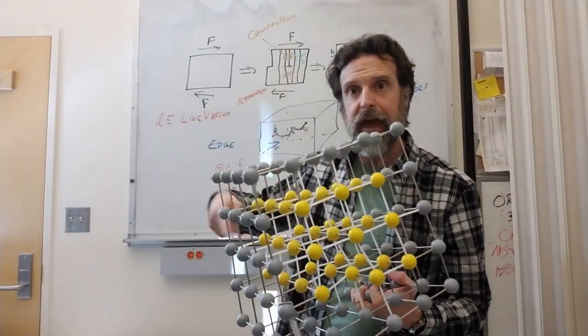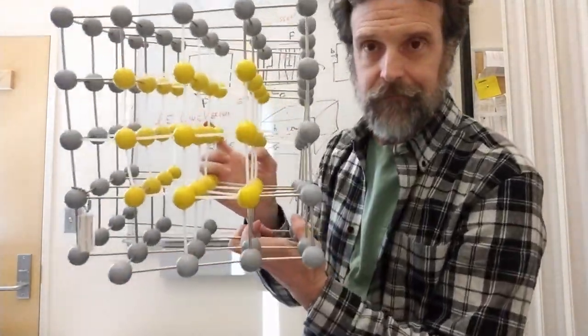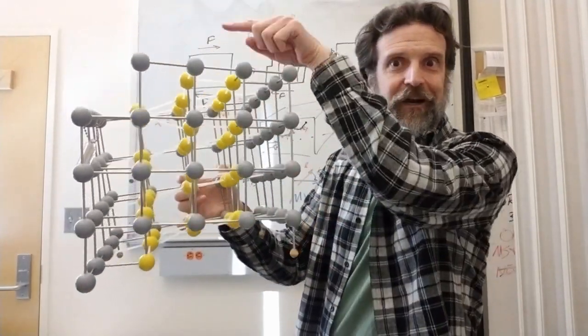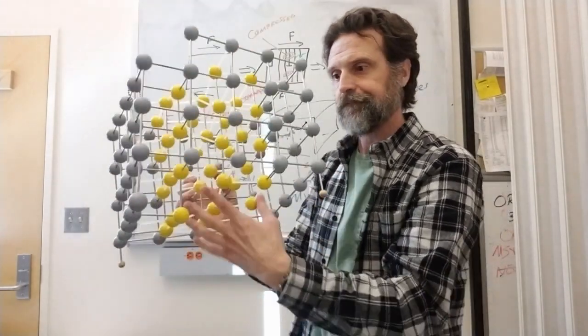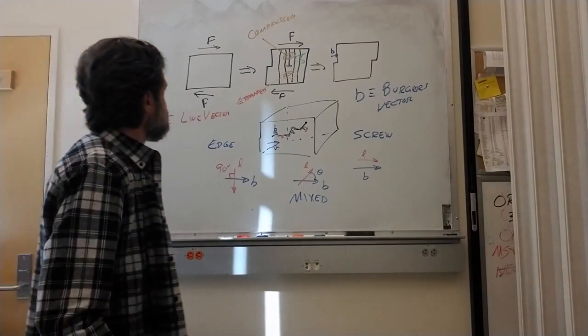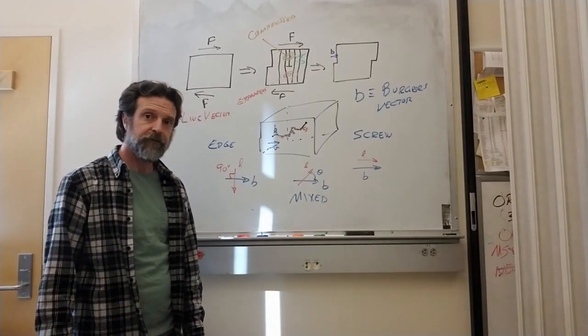Each time I go around, I advance by one stair step. I'm going up the spiral staircase. And that is our review of dislocations.